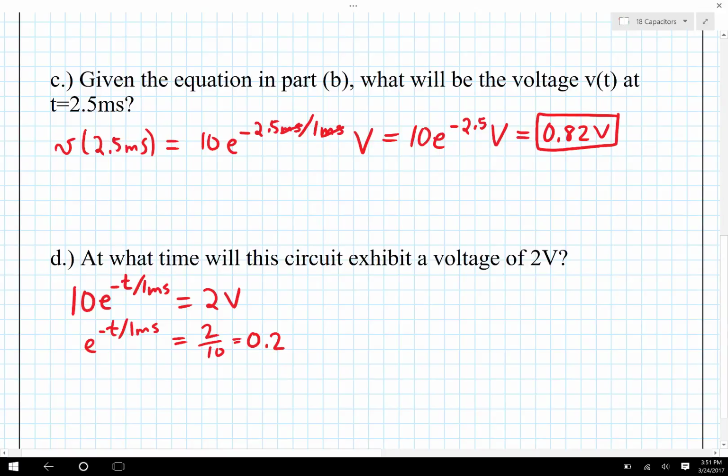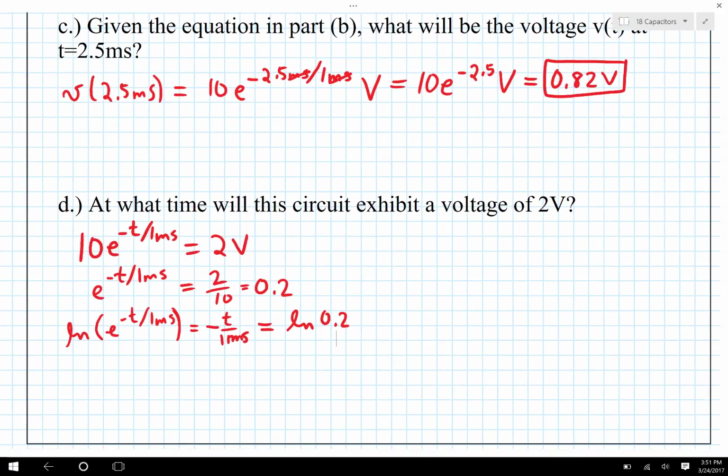Now I have to take the natural log of both sides, because the natural log of e to the minus t over 1 millisecond is just minus t over 1 millisecond, because the natural log of e to the anything is just equal to that thing. But I also have to take the natural log of the right-hand side. So this is the natural log of 0.2.